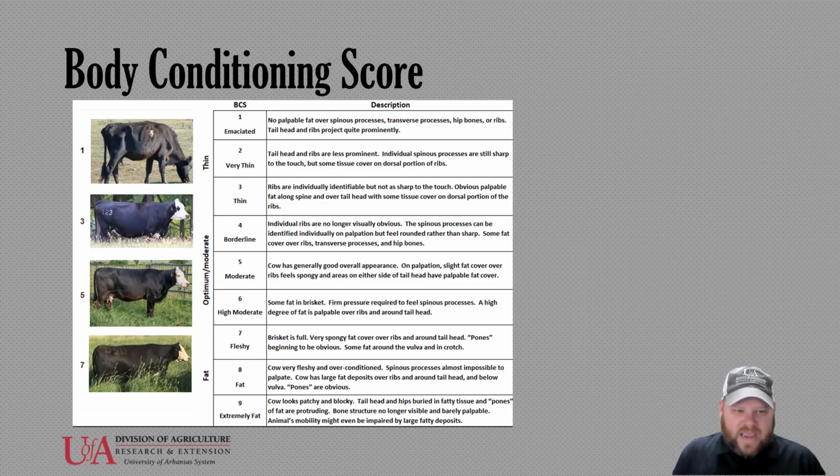So just understand what your body conditioning scores are. If you don't have cattle and you've got something else, there's a body conditioning score for sheep and goats and just about everything there is. So know where your animal is at and where they need to be at the end of this feeding program. And if you see obvious deficiencies there, then we're going to have to scrap it.